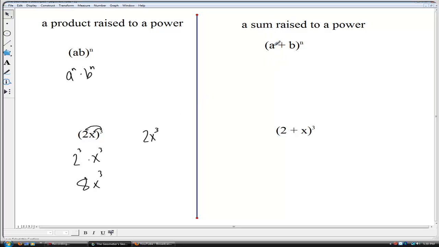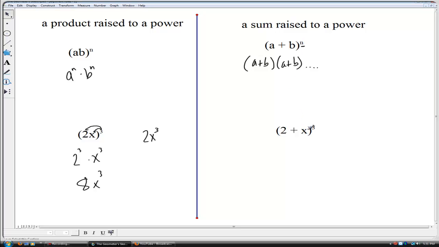Okay, now the sum raised to a power, there's another video about multiplying polynomials. What we need to do in this case would be to expand and multiply a plus b times itself however many times this degree told us.